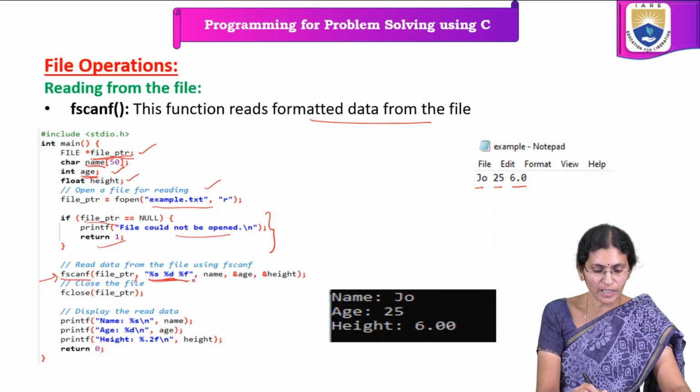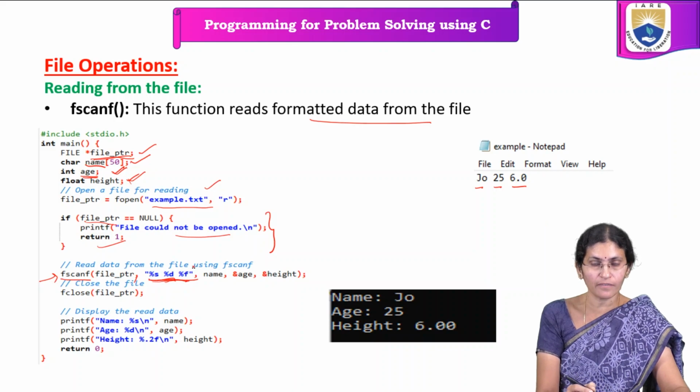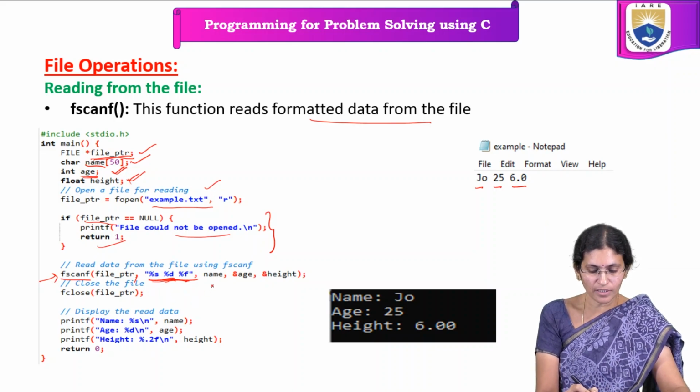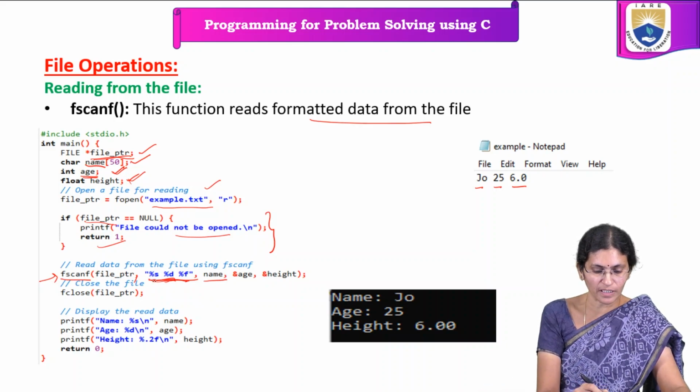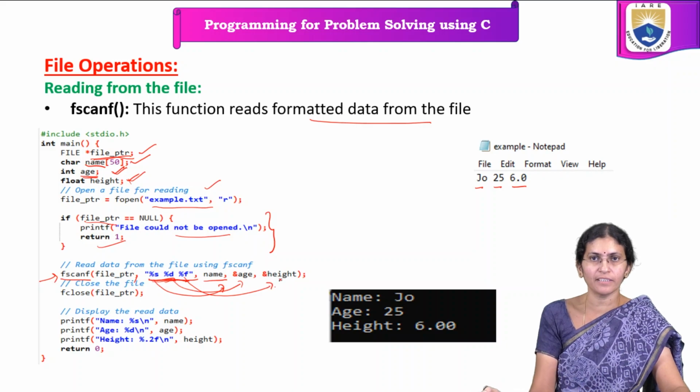The first one is a string, second one is age, an integer, so we have used %d, and the last one is a float value, so %f. All these have to be written in double quotes, followed by the variable names. So %s corresponds to name, %d corresponds to age, so &age, since we are reading we have to put the ampersand. Then %f is for height.